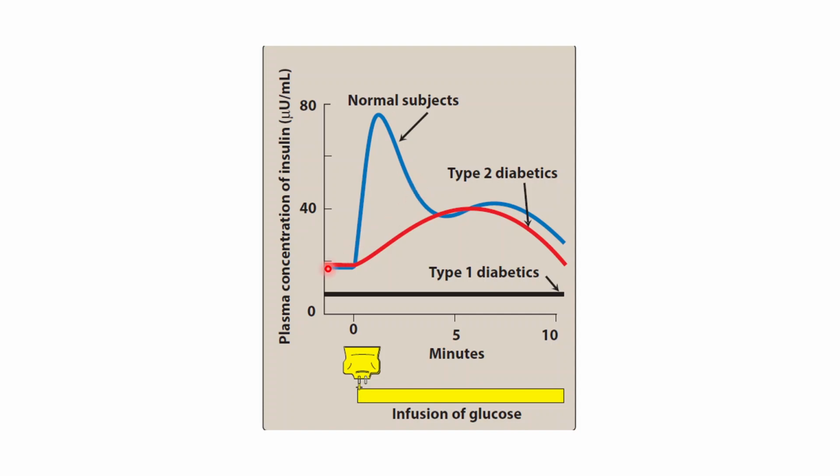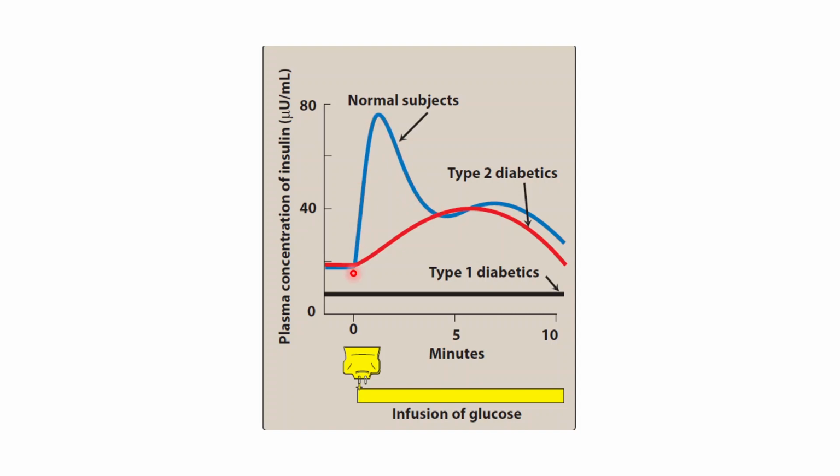Then in type 1 diabetic patients, there is no release of insulin at all, so it's always black. In type 2 diabetes mellitus, the release is not enough and cannot actually utilize the glucose amount that is obtained from the meal.